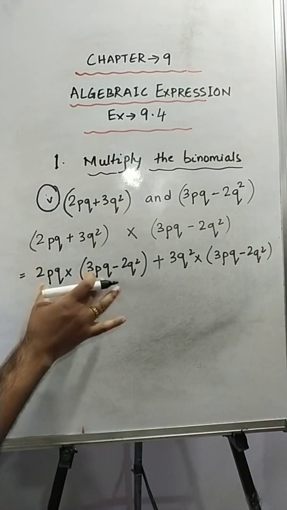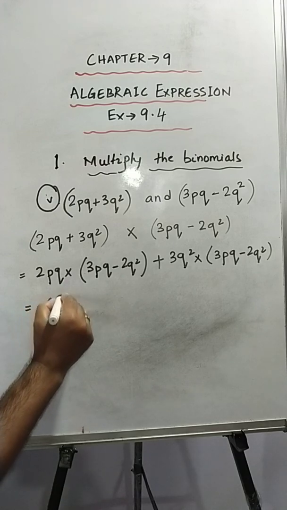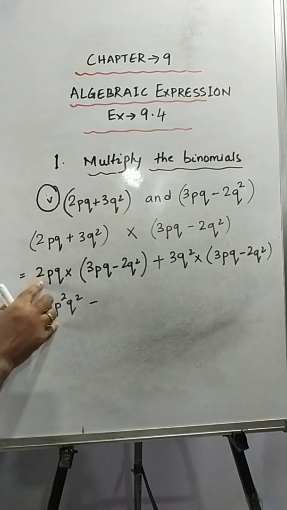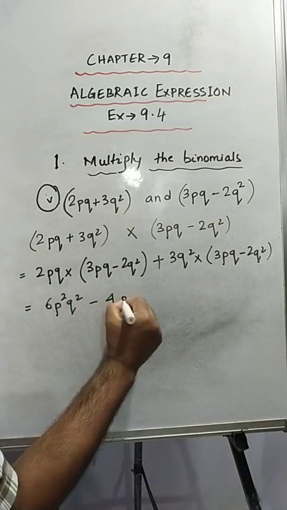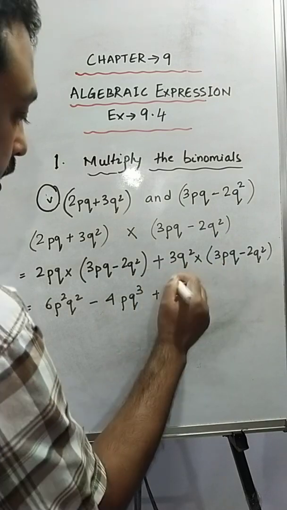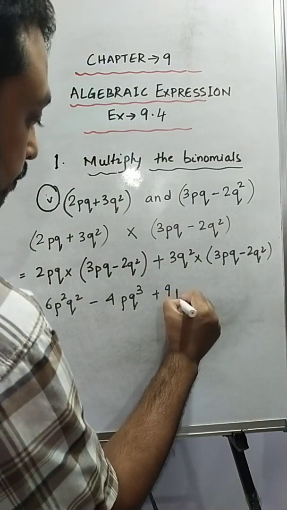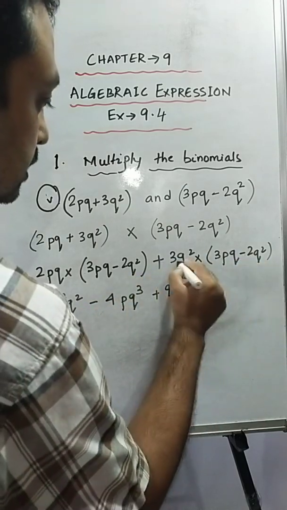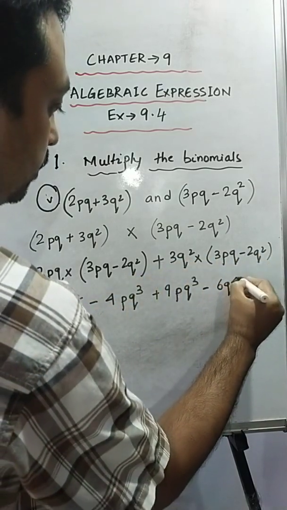Now multiply this. 2 3s are 6, so we'll get the answer as 6p square q square, plus minus is minus, 2 2s are 4 p q cube, plus 3 3s are 9 p q cube, plus minus is minus 6 q to the power 4.